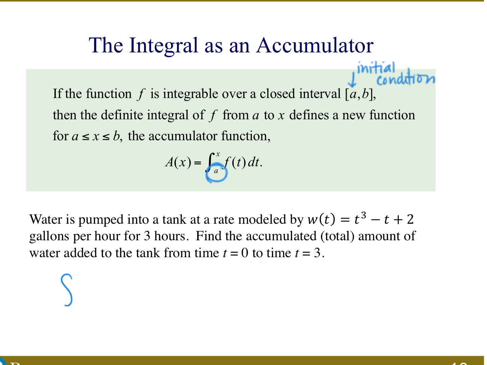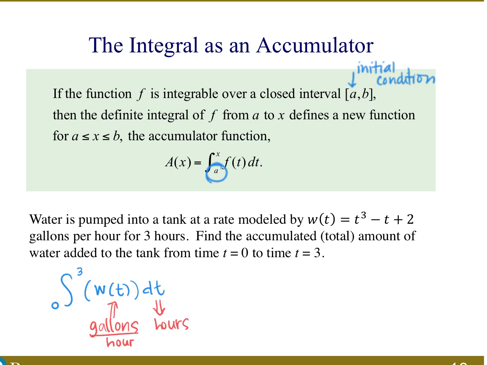My initial condition is time 0. I want to go over the course of 3 hours. I'm going to look at the function w of t, and then my differential will be dt. Looking at units, w of t is in gallons per hour, whereas time is simply in hours.